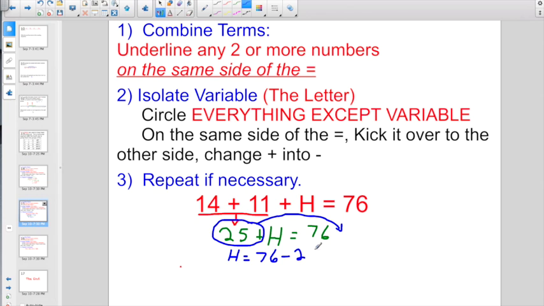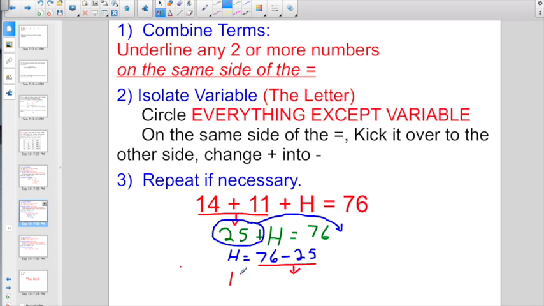Only 2 steps in algebra: combine terms or isolate the variable. Do I have 2 numbers on the same side of the equal sign? Yes, I do. I have 76 minus 25, and I can bring whatever that answer is straight down. But first, we read equations left to right. So start off by writing what's not underlined.